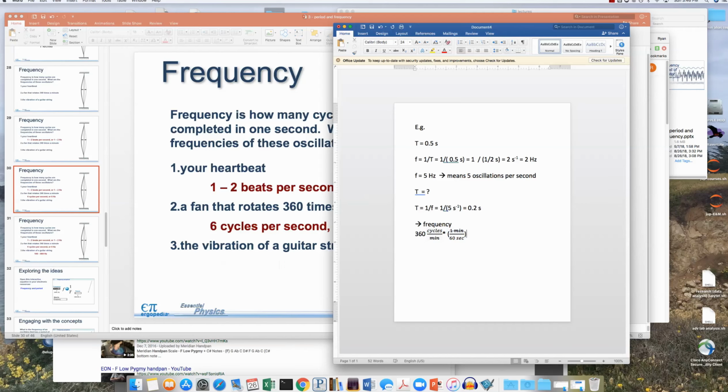I'm now left with 360 cycles per 60 seconds, which is 360 divided by 60, which is just going to be 6. And this is going to be 6 cycles per second, which in other words means 6 hertz. So that's how we get that. Just wanted to show the math very clearly.